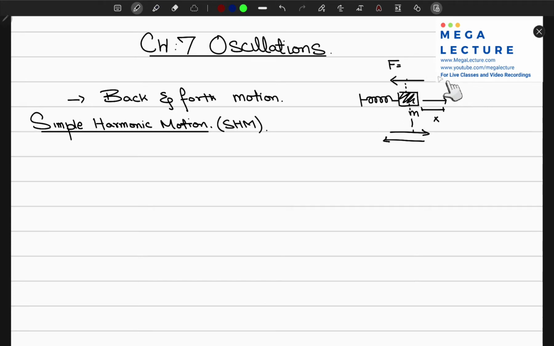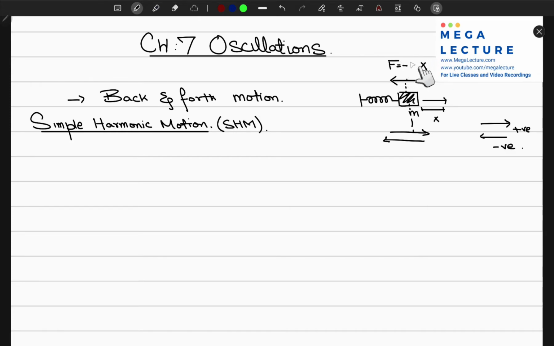So it's proportional to x, but in what direction? It's proportional to x in this direction, which means I should include a negative sign: if this is positive, then this has to be negative. That's why it's proportional to negative x.